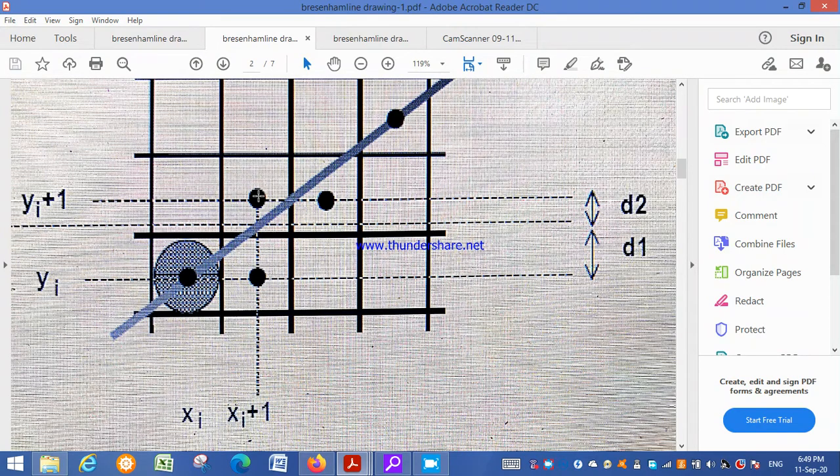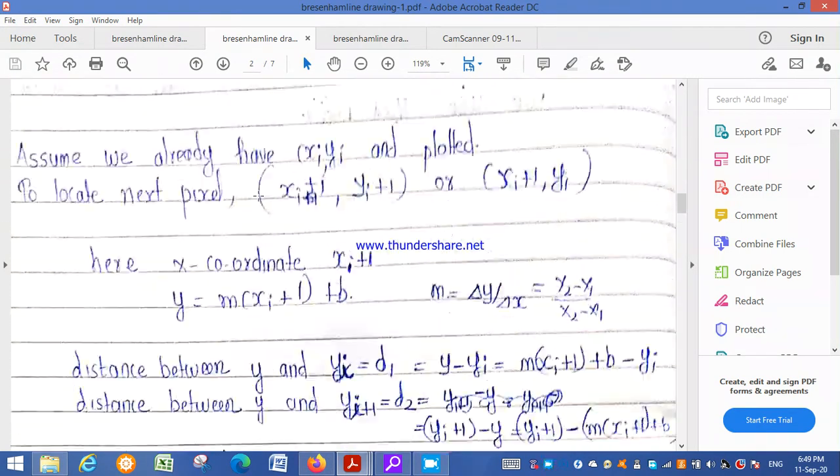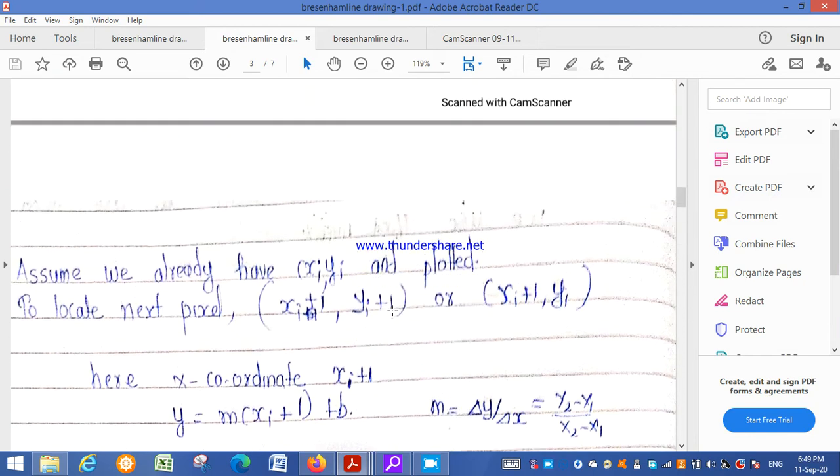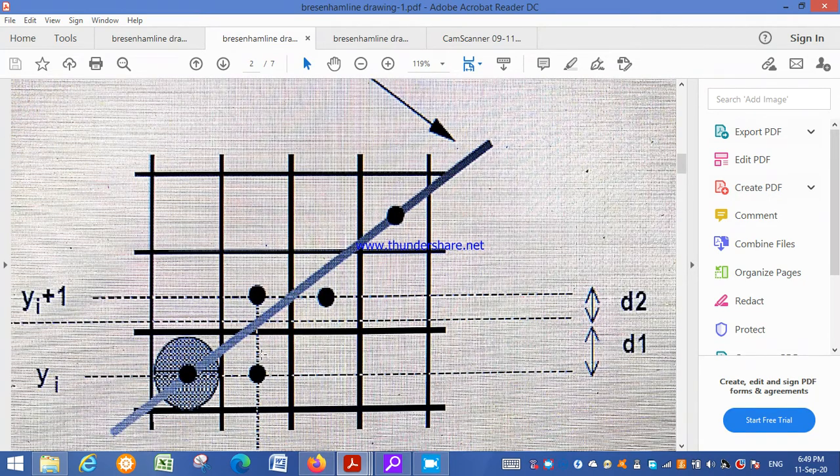So d1 can be computed by y minus yi. To take this distance d1, this distance is y and this distance is yi, so to get d1 you do y minus yi.